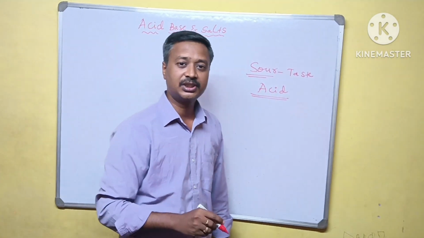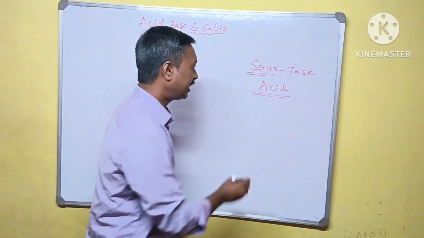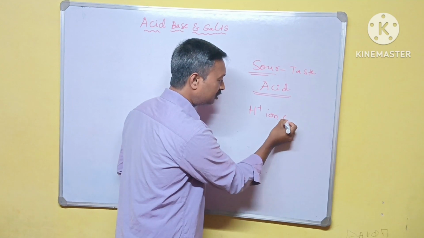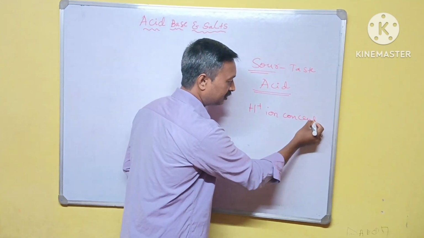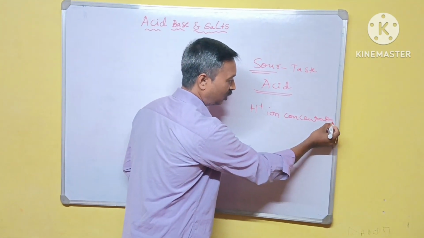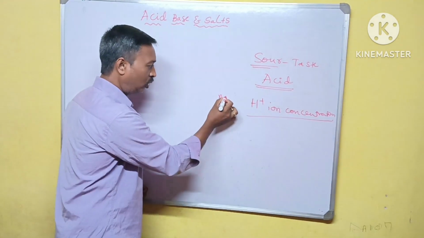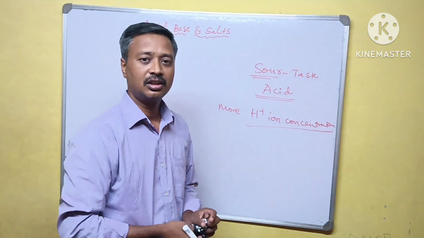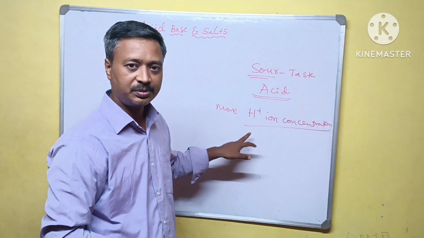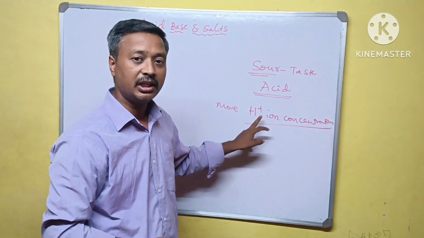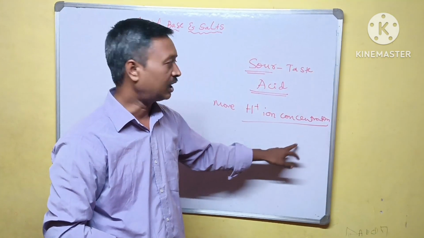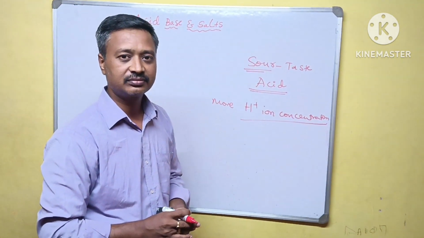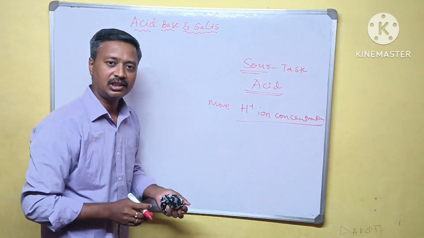Acids are the chemical substances which have more H plus ion concentration. What should they have? More H plus ions. The chemical substances which have more H plus ions and are sour in taste are called acid. Is it clear?